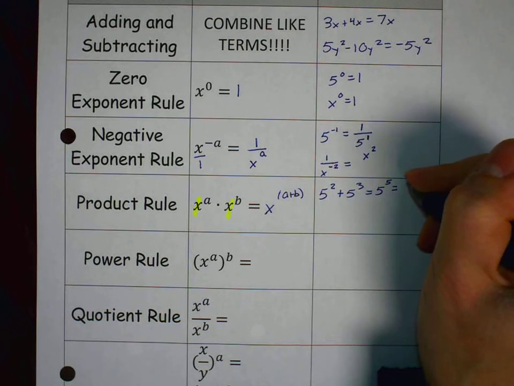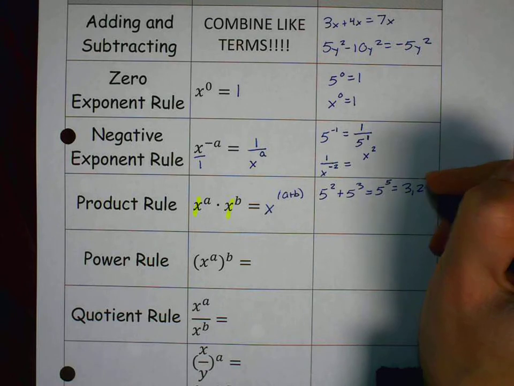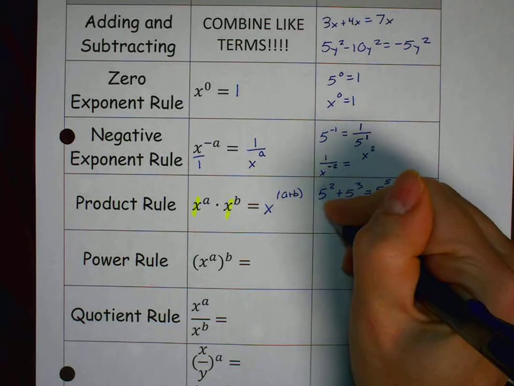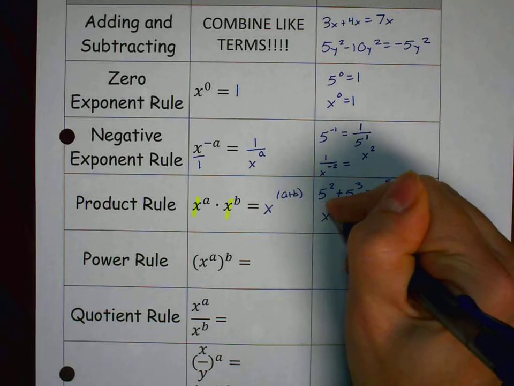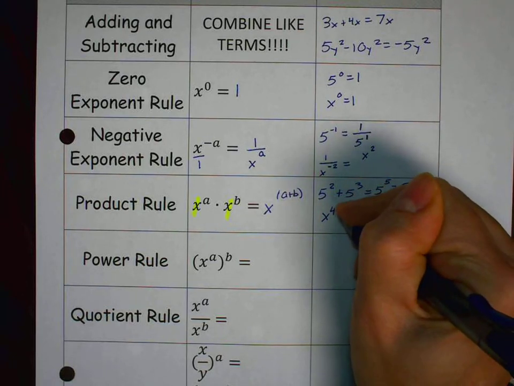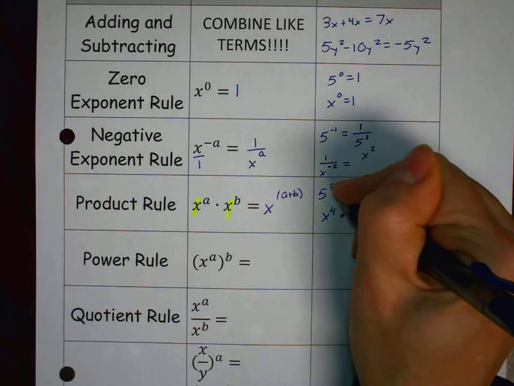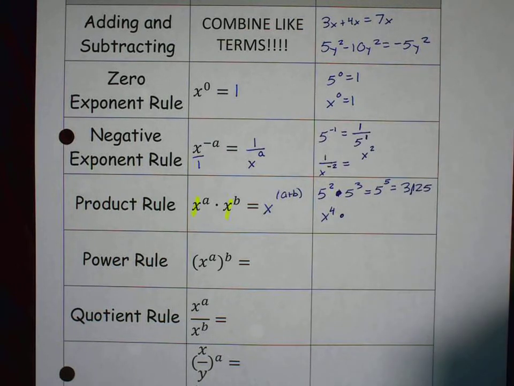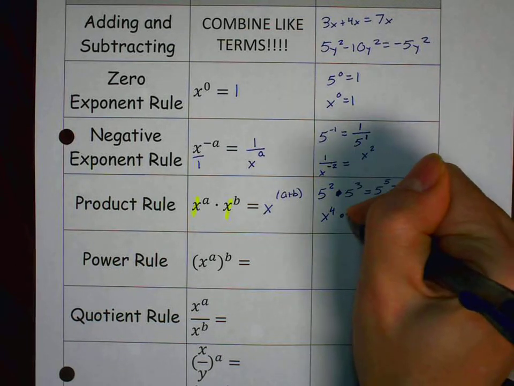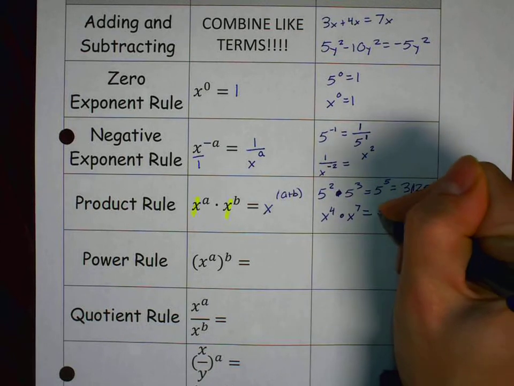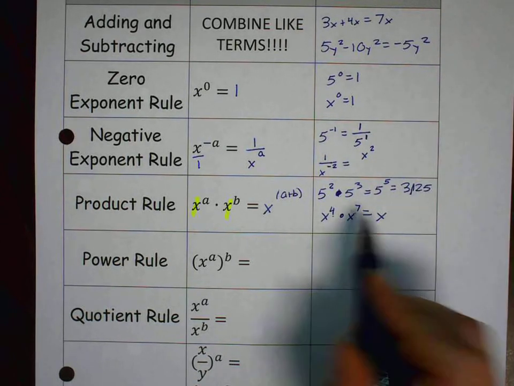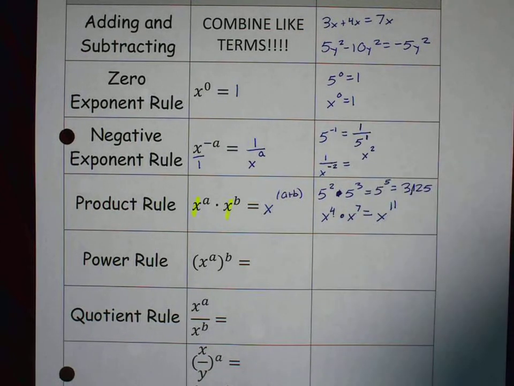Or if I put this in my calculator, 3,125. Or I might have x to the fourth times x to the seventh. Keep the base x. 4 plus 7 is 11, so my answer is x to the 11th.